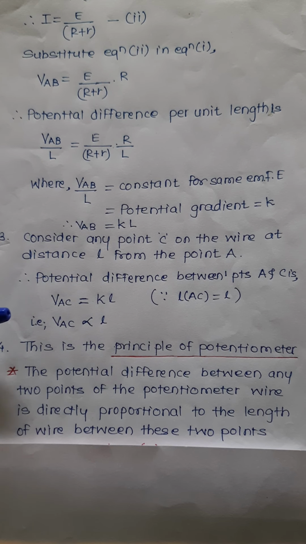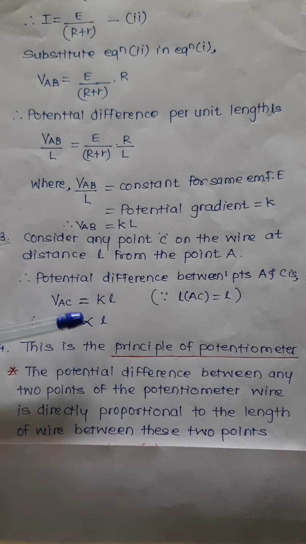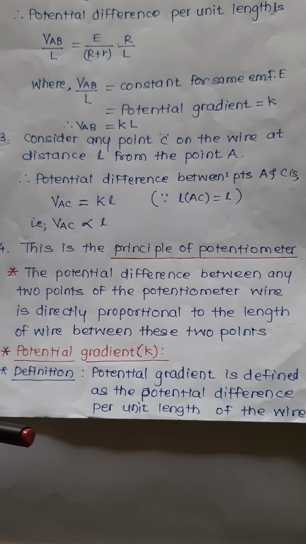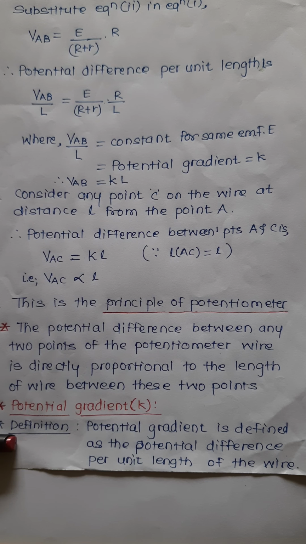Here we also understand meaning of potential gradient. Potential gradient is potential difference per unit length of the wire. We can write different formula for potential gradient. K is equal to V by L. It is also equal to IR upon L because V is equal to IR.